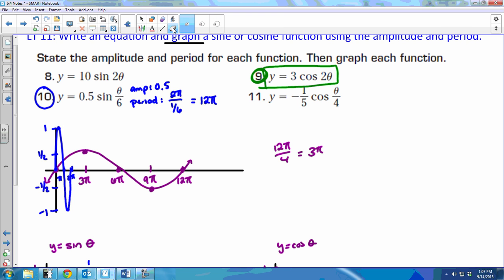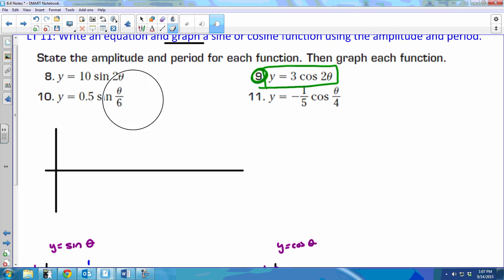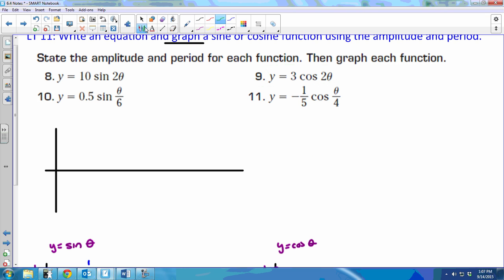If you did this one correctly, you should have a maximum of 3 and a minimum of -3. Your period should have been pi. You should have pi over 4, pi over 2, 3 pi over 4, pi.